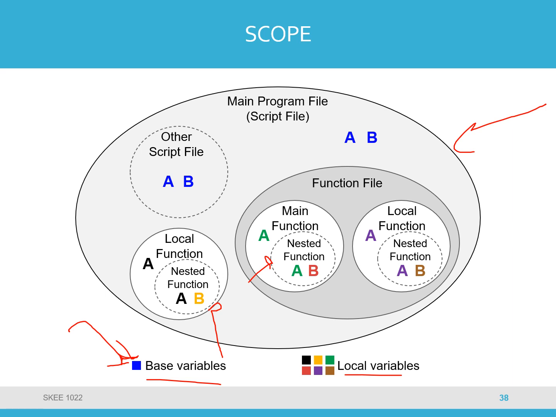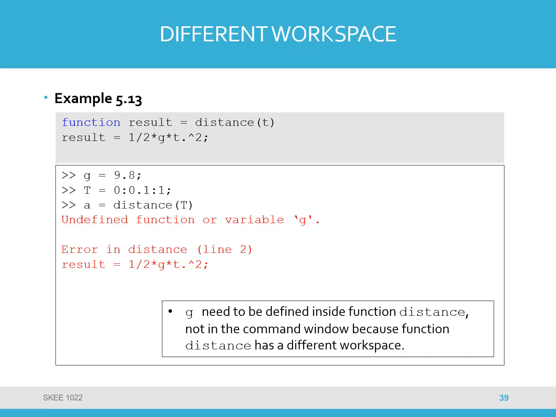So let us see example 5.13, to see the different workspaces. Here you can see the function, result, and distance. The function is called distance. You have time as input, the output is the result, and this is the formula.